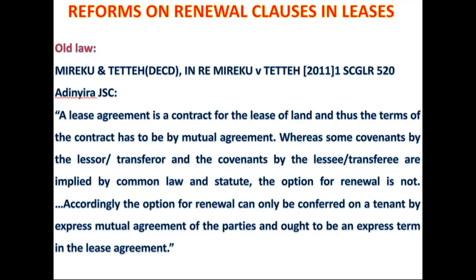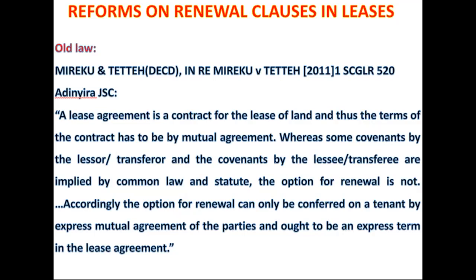Whereas some covenants by the lessor or transferor and the covenants by the lessee or transferee are implied by common law and statute, the option for renewal is not. Accordingly, the option for renewal can only be conferred on the tenant by express mutual agreement of the parties and ought to be an express term in the lease agreement. End of quote. What does this mean?